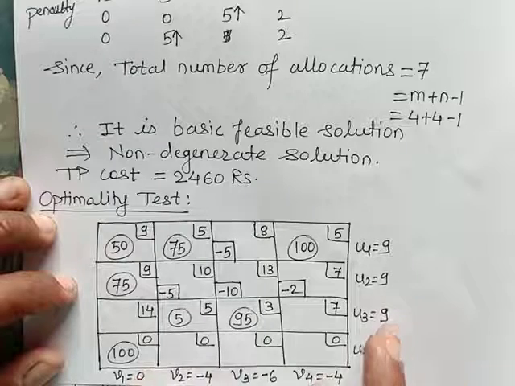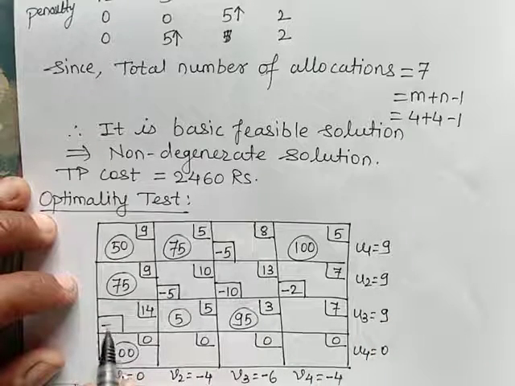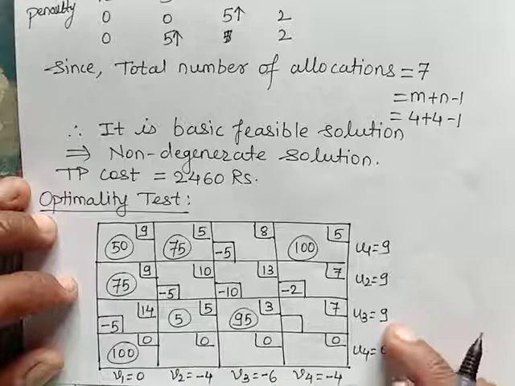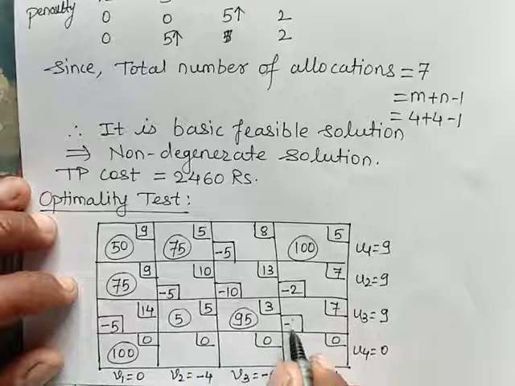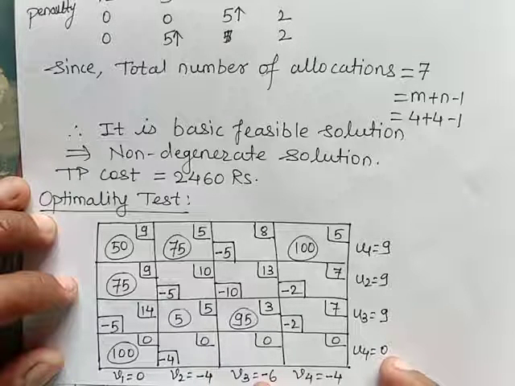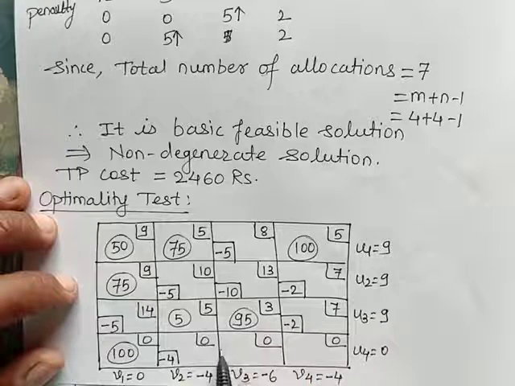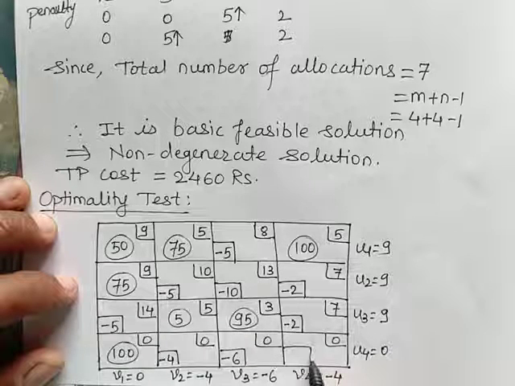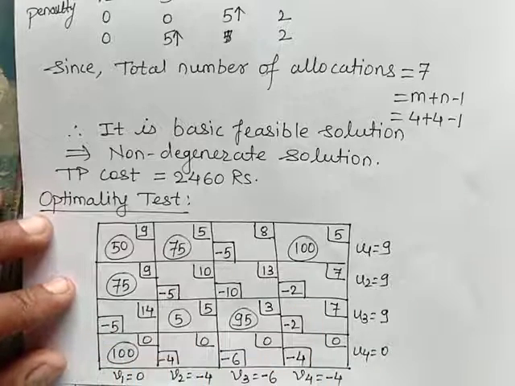This addition is 9, 9 minus 14 is minus 5. Then this addition is 5, 5 minus 7 is minus 2. Here this is minus 4, minus 4 minus 0 will be minus 4. This is minus 6, minus 0 will be minus 6. And here this is minus 4.